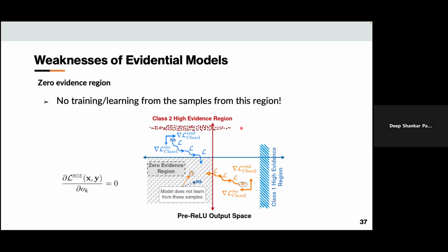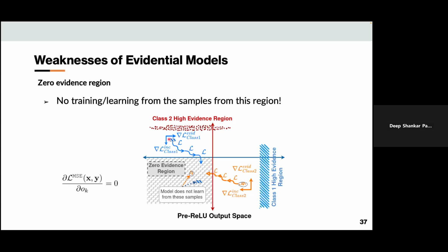Intuitively, if we visualize the learning of evidential models, this is for a two-class classification setting. We ideally want all samples of class 1 to be mapped in this region where the evidence for class 1 is high, and we want all the samples of class 2 to be mapped to this region where the evidence for class 2 is high. And the model updates to try to learn to map these samples.